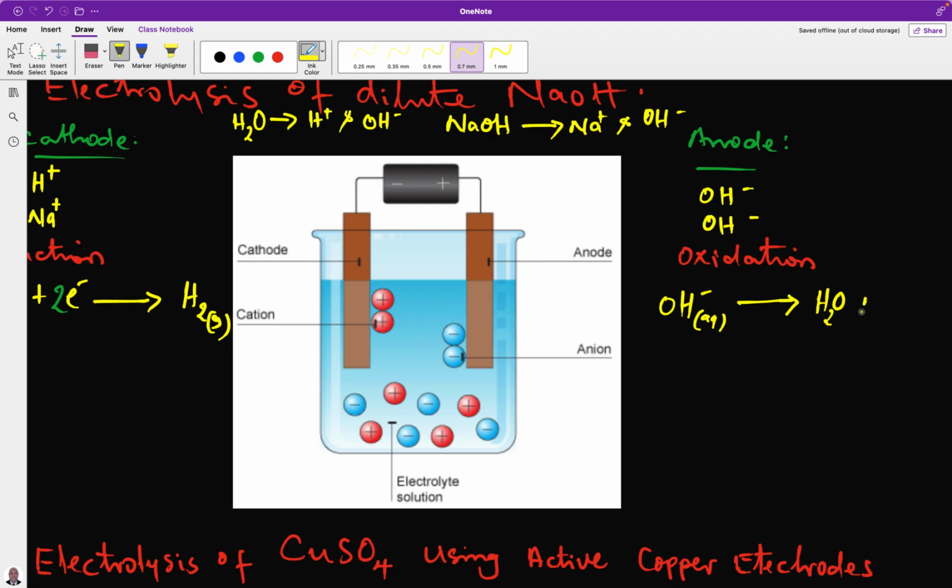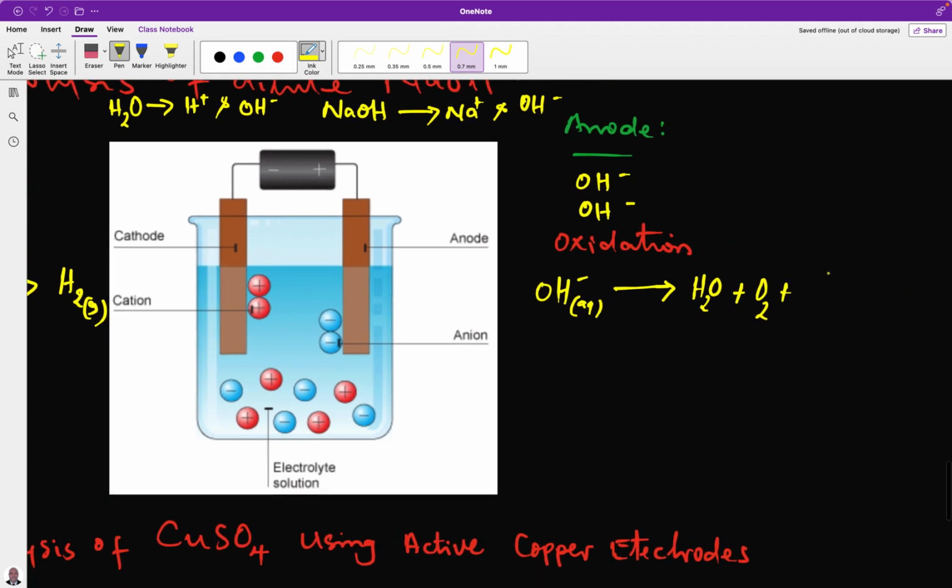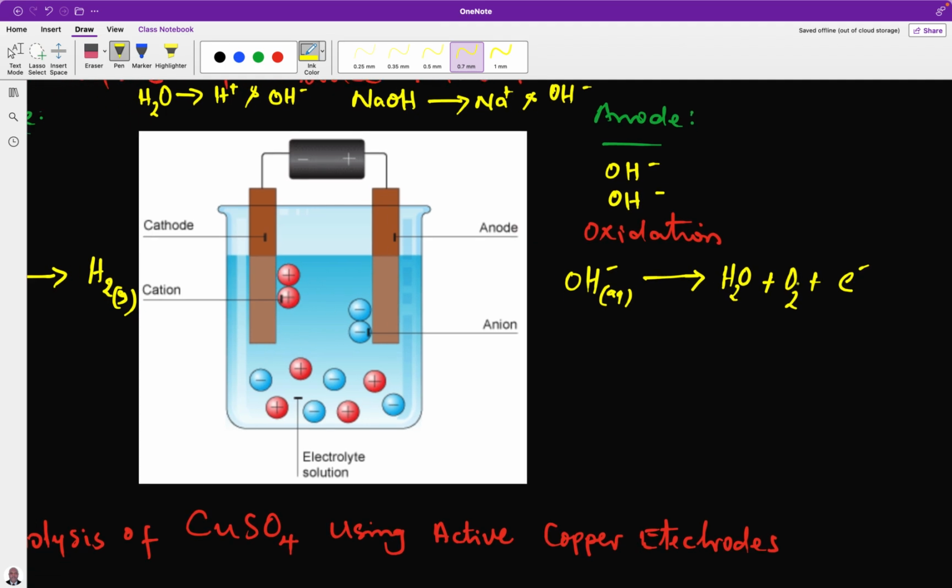Oxygen is being released. We need to balance the electrons. What do we do?